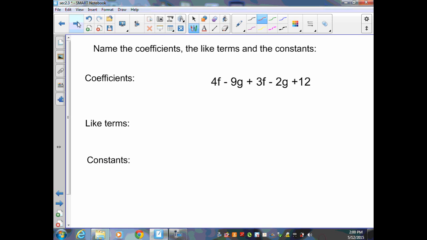Again, I want to name the coefficients, the like terms, and the constants. My coefficients, 4, 9, 3, 2. My like terms, f and f. Same variable, same exponent.